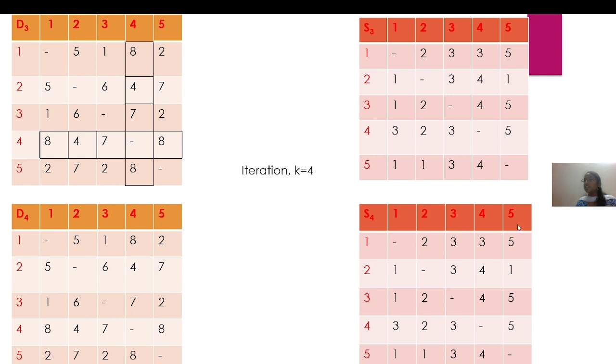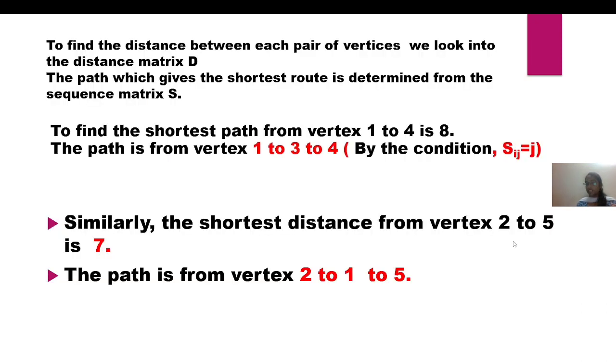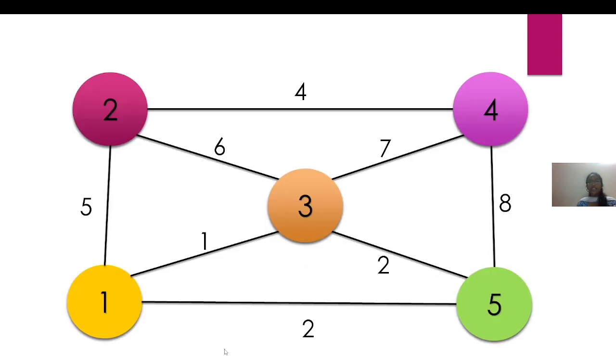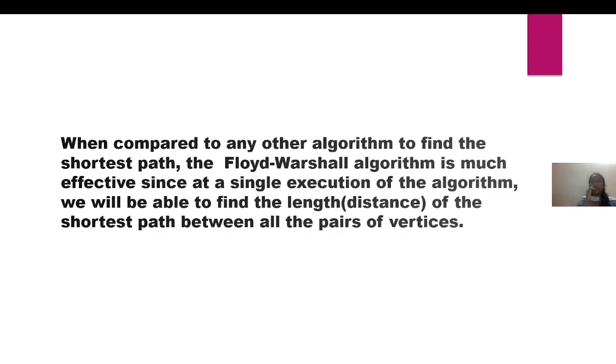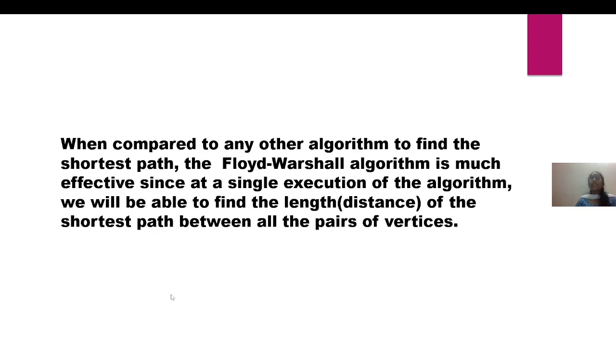S1 to 5 is 5. So it matches with this condition. So the path is from 2 to 1 and 1 to 5, and we will get the shortest distance, that is 5 plus 2, 7.